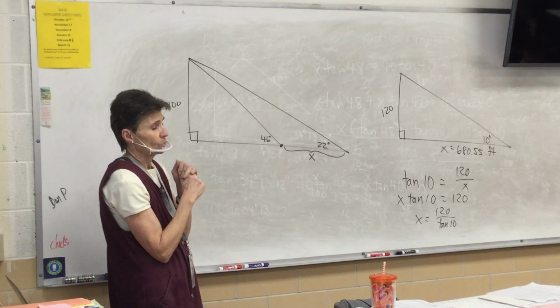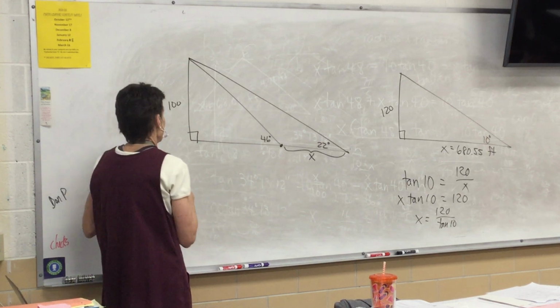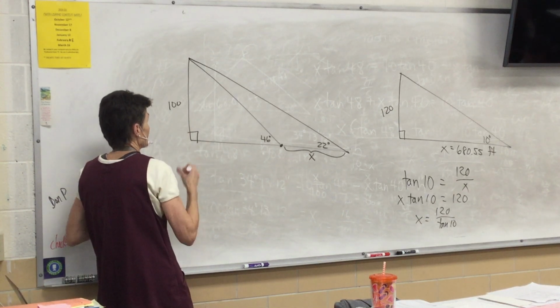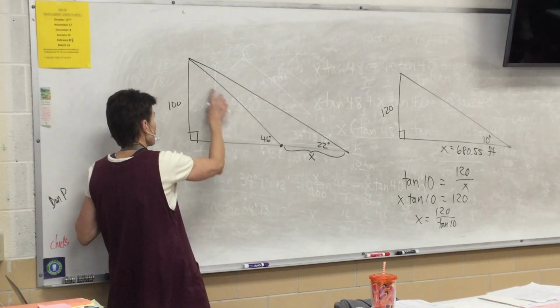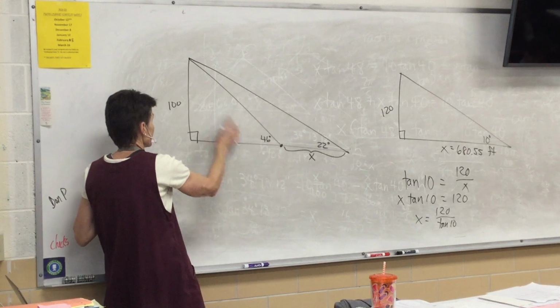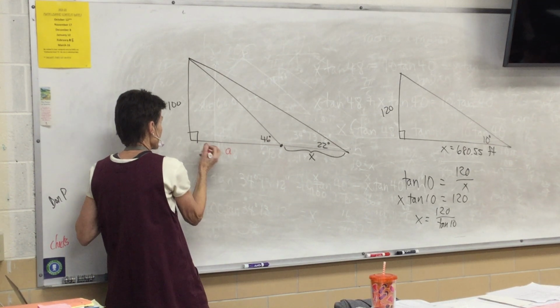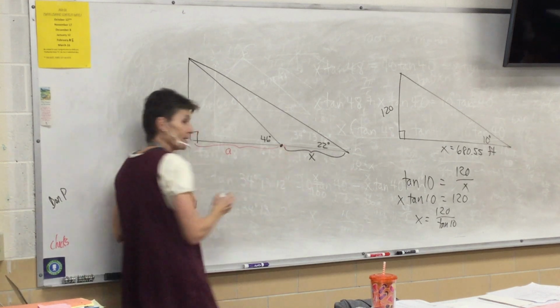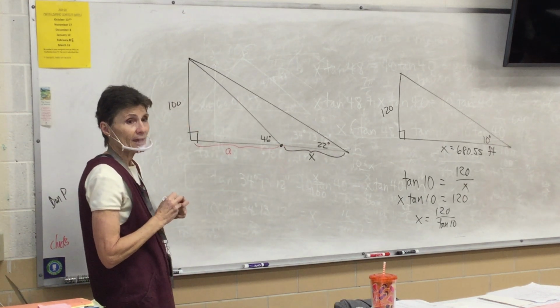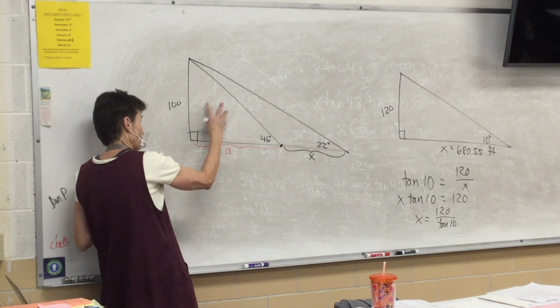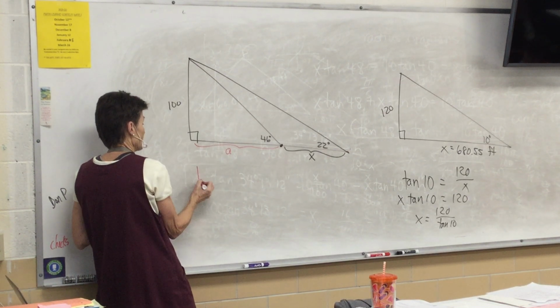Now, I want you to look at this carefully for a second. In this triangle right here, the 46-degree triangle, if I call this distance A, could I find it? What would my equation look like for this triangle right here?